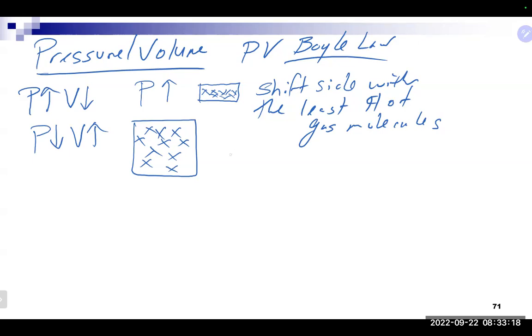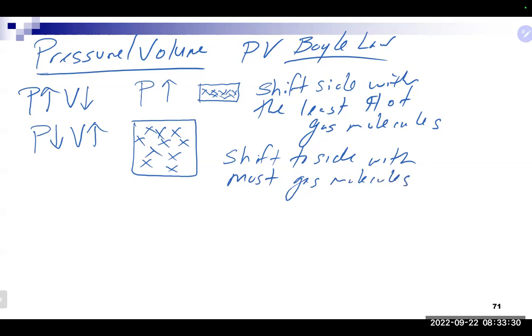So this would then shift to the side with the most gas molecules. And once again, like I said, it really is specific to the equation or the reaction that you're dealing with as to which side has more or less.